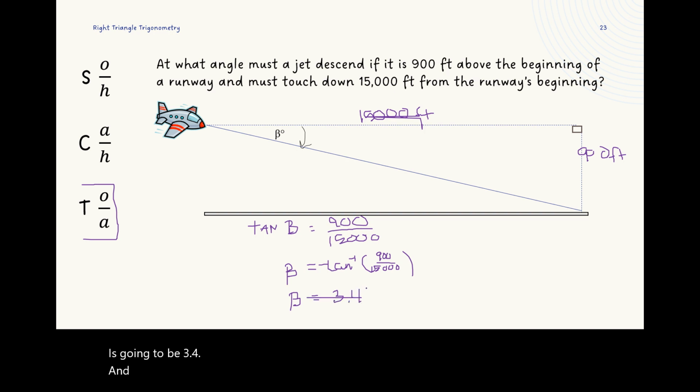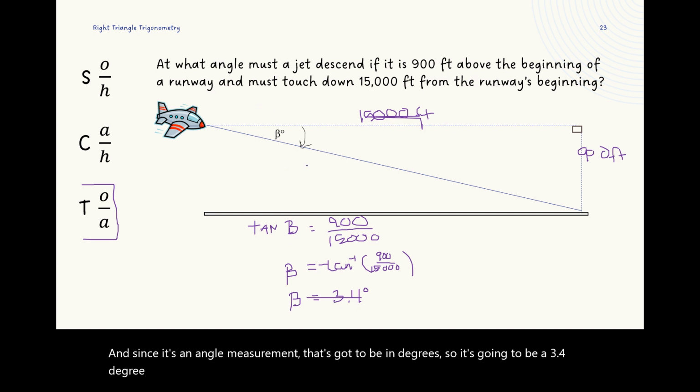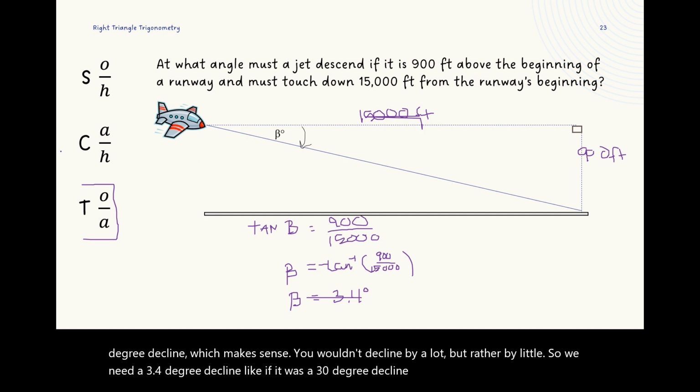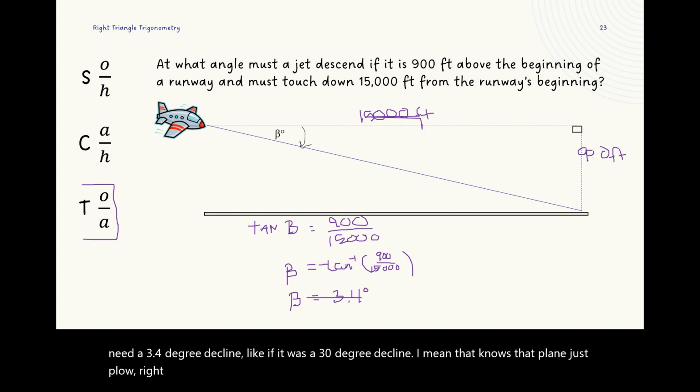Since it's an angle measurement, that's got to be in degrees. Like if it was a 30 degree decline, that plane would just plow right into the ground. That ain't happening. All right.